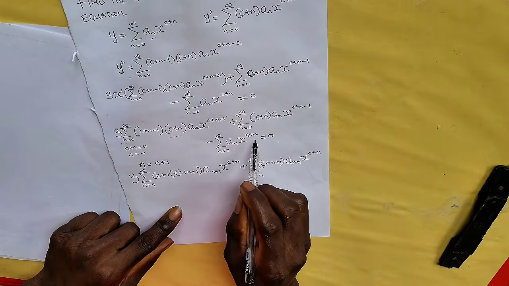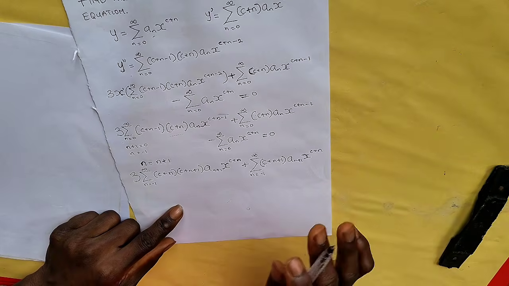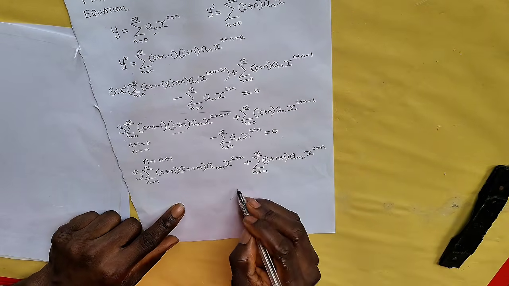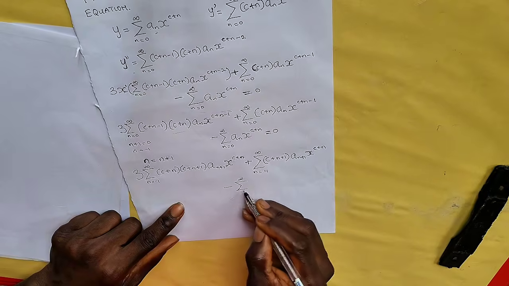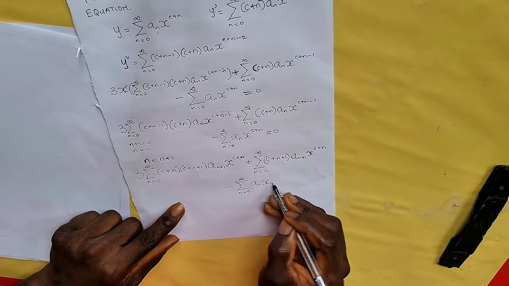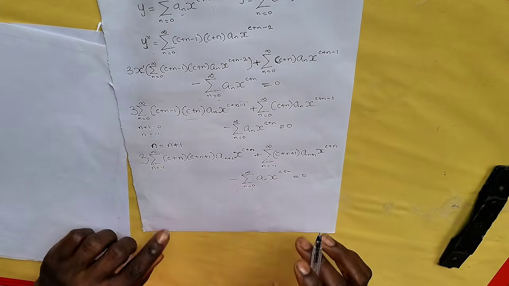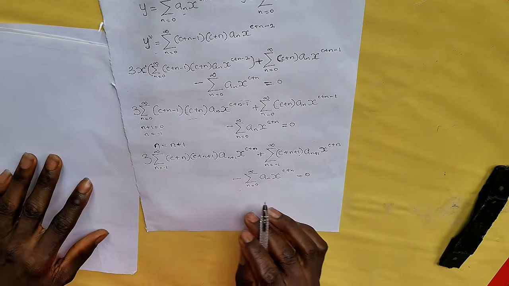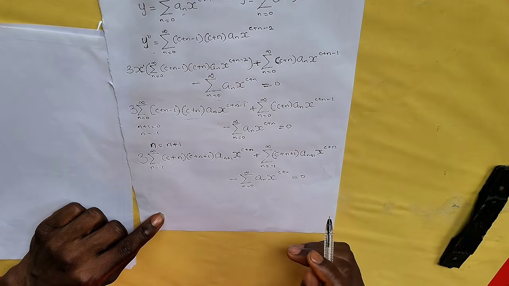Then this one is already in c plus n, so I'm not going to put n plus 1 here. So I'm going to have minus summation to infinity from n equals to 0 of a n x to the power of c plus n equals to 0. Take a minute to look at this and figure out what we did.